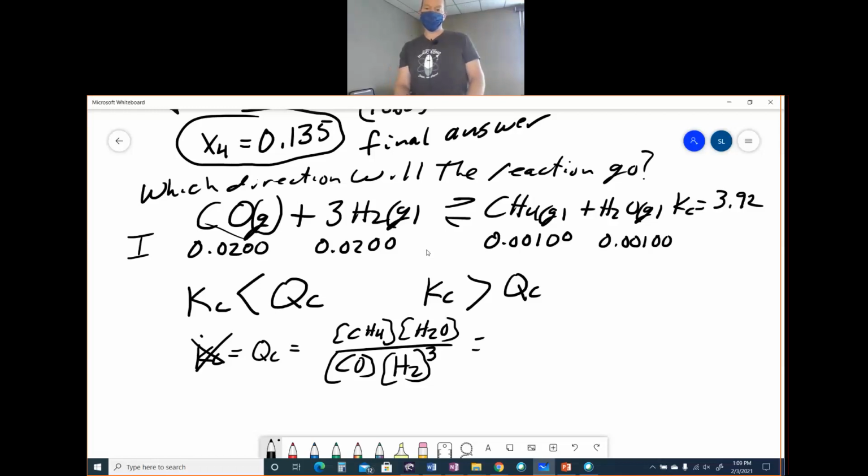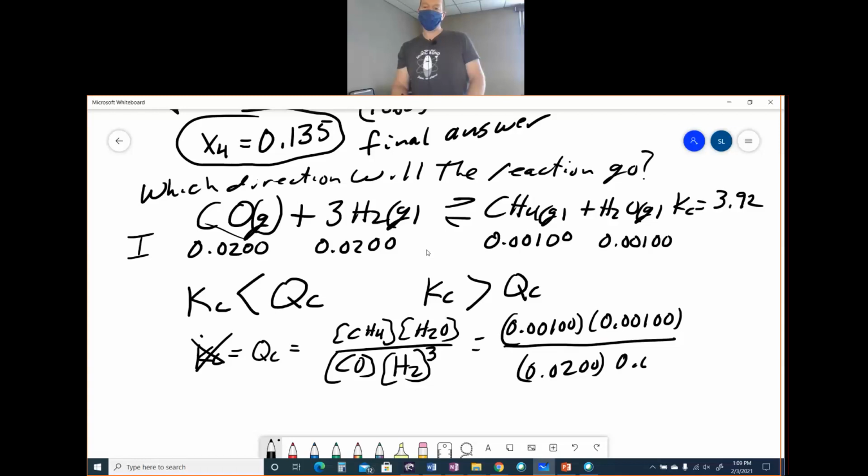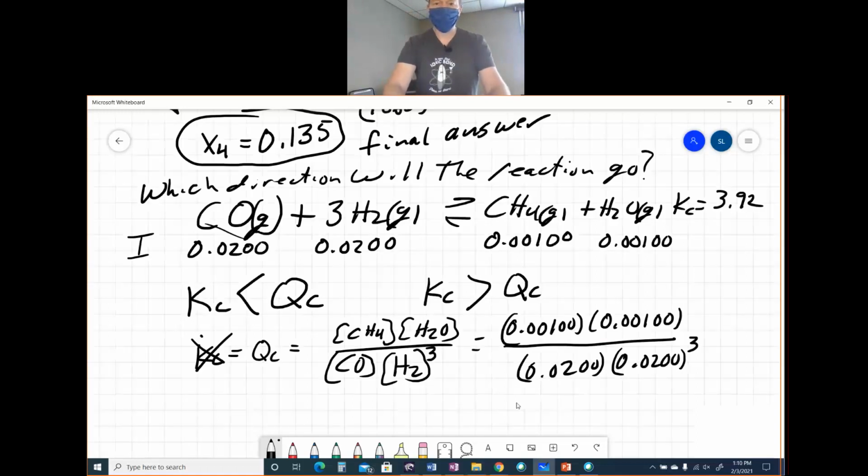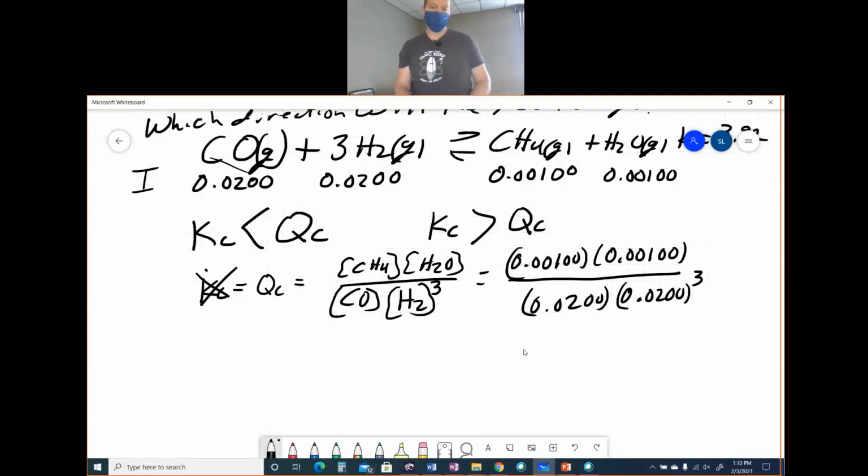So these are Qcs: 0.00100 times 0.00100 divided by 0.0200 and 0.0200, here's where the errors always occur, raised to the third. All right, and so when you push the buttons on your calculator, you get a Qc value equal to 6.25.